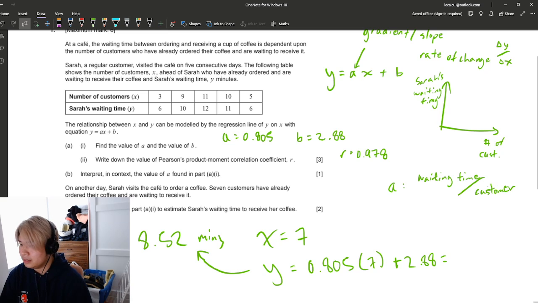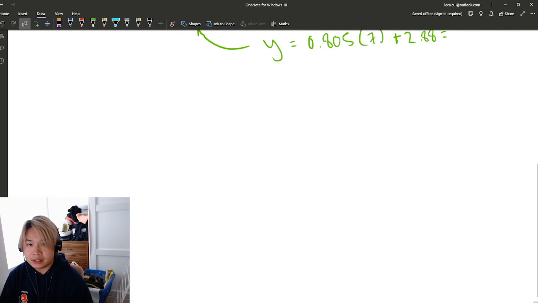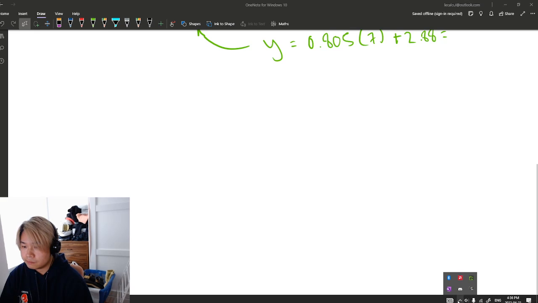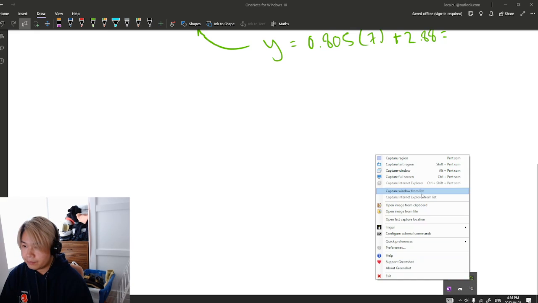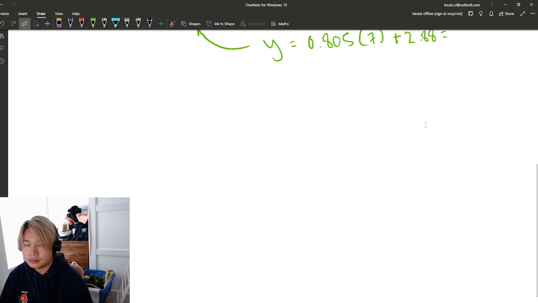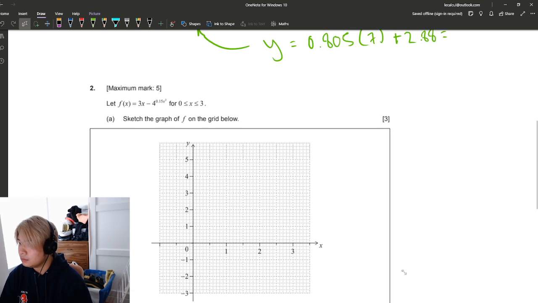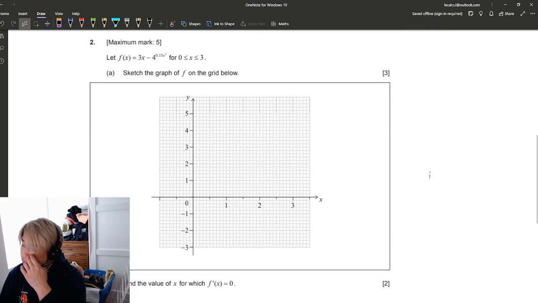Okay, first one done, not too bad. And then the second one, let me just copy it over. Okay, we have a really weird function, we have to sketch the graph.